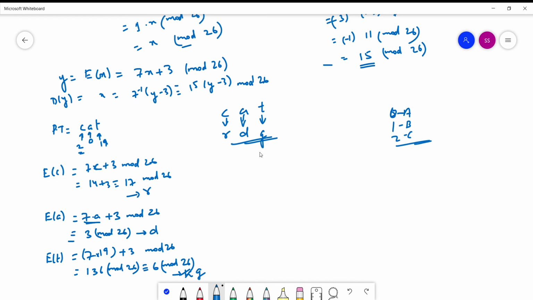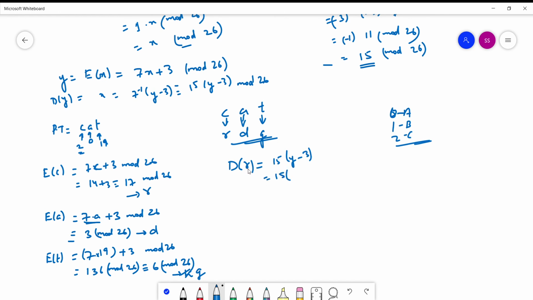Okay. Now let's see how to decrypt this ciphertext back to the plain text. So what I will do, I will decrypt R. My key is same, 7 and 3. Okay, and we already found that the decryption function is 15 into y minus 3, right? So here 15 into y.